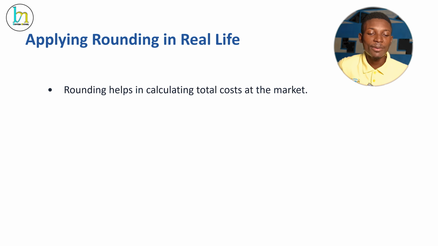Now, let's look at something: applying rounding in real life. So how does rounding help us in real life? In real life, rounding helps in calculating total cost at the market. Sometimes our mother sells foodstuffs or ingredients in the market, and she will be calculating her profit.